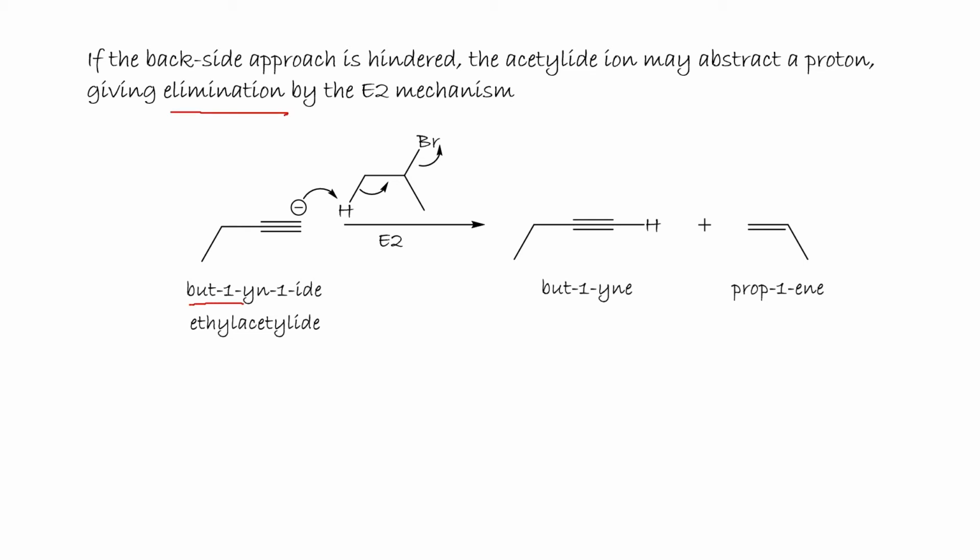So put 1-butynide or ethyl acetylide reacting with a secondary alkyl halide, it will undergo an E2 reaction, and the acetylide will act as a base, abstracting the hydrogen, forming a double bond, ejecting Br minus to form 1-butyne and propene.